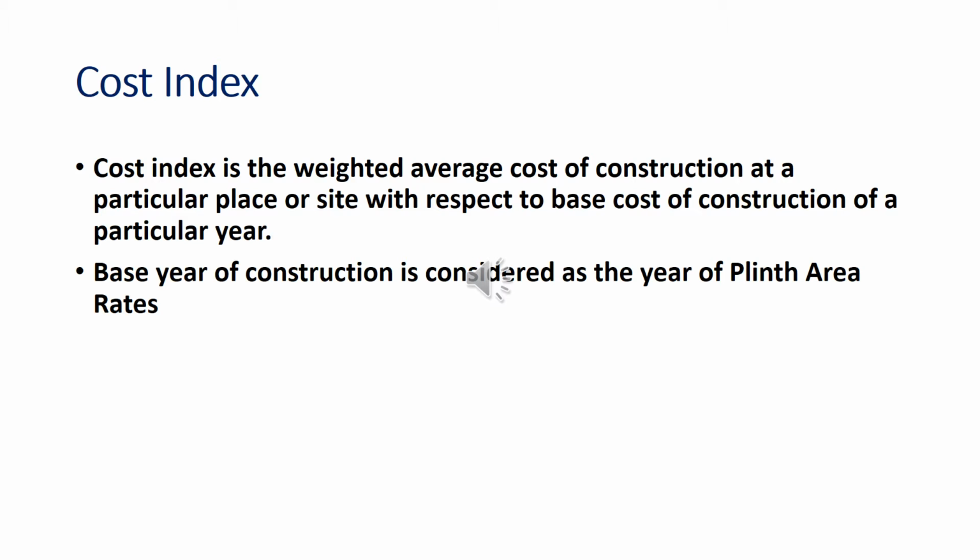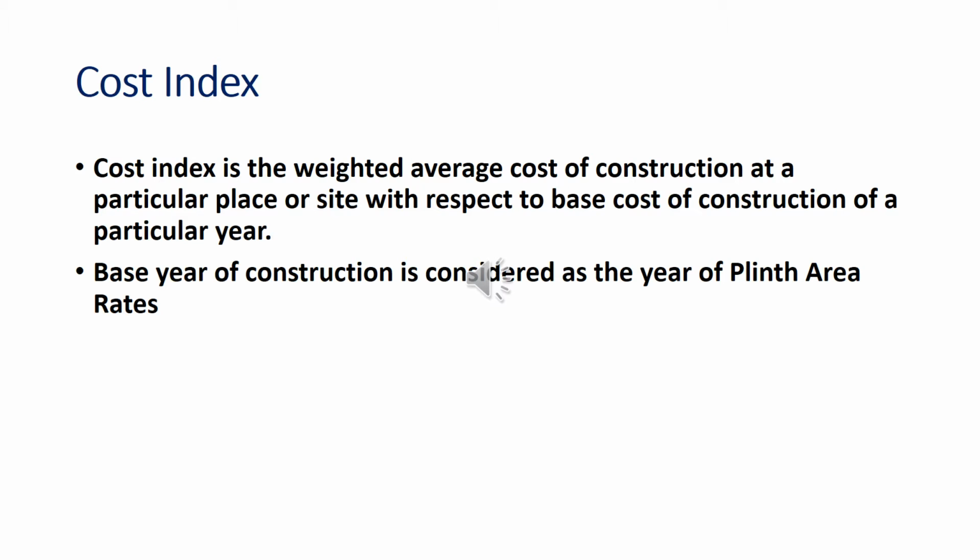If we define cost index, then it can be defined as the weighted average cost of construction at a particular place or site with respect to base cost of construction of a particular year or particular month.